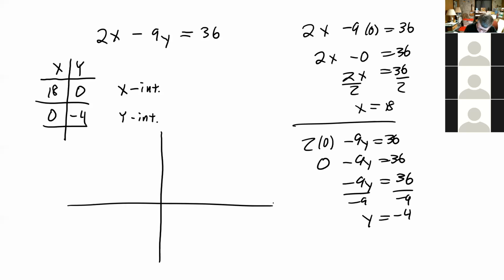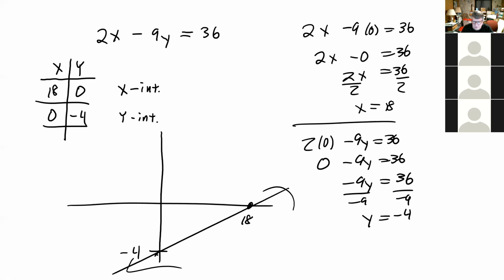So again, at 18 and at negative 4 in terms of x and y, you'd get this graph, okay, and the scale's off and everything. I'm just, again, trying to give you a rough idea of how that works. All right, are you okay with that idea?